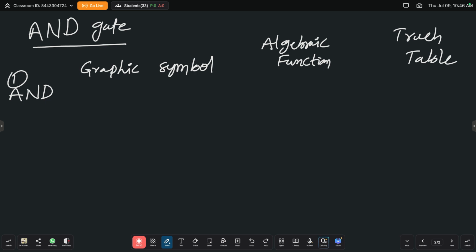So what is the graphical symbol for this AND gate? The graphical symbol is like a D. As we told you, for every gate there are inputs A and B, and the output is X. This is the graphical symbol representation of your AND gate.